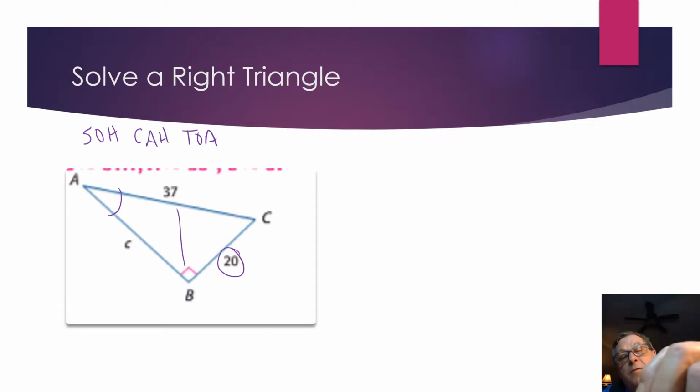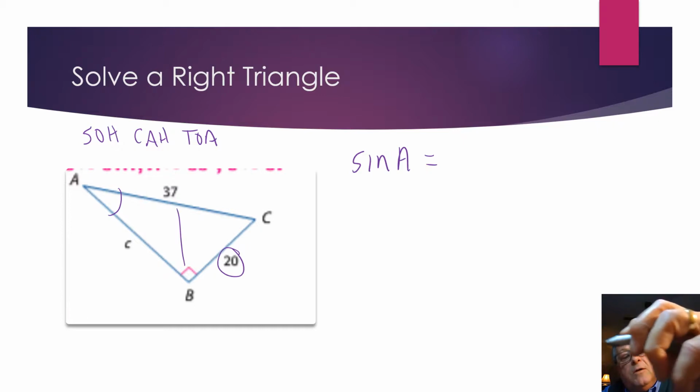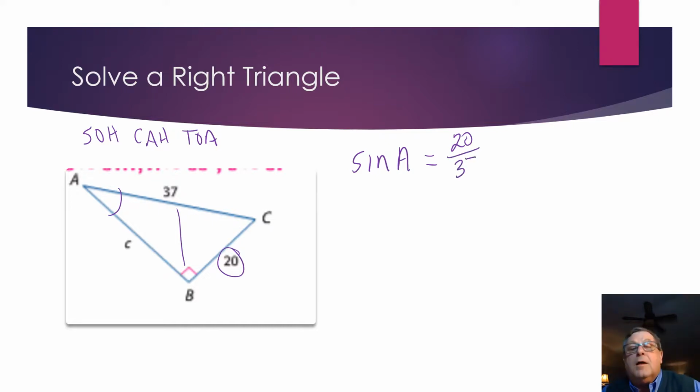So let's see, if I were then to say I want to find the sine of A, which is equal to the opposite side, 20, over the hypotenuse, 37, and I want to find the angle A, I can then use the inverse sine function of 20 over 37, and we can then say that A is approximately equal to, and I'm not going to bore you by doing it on the calculator.